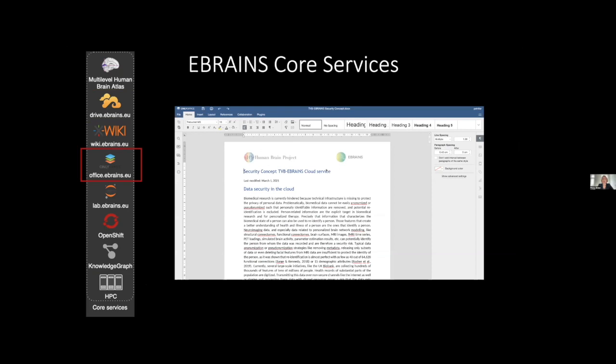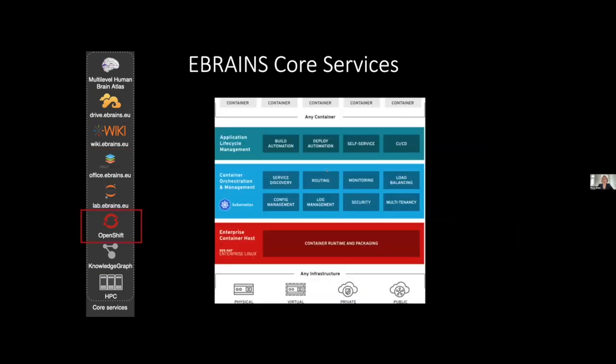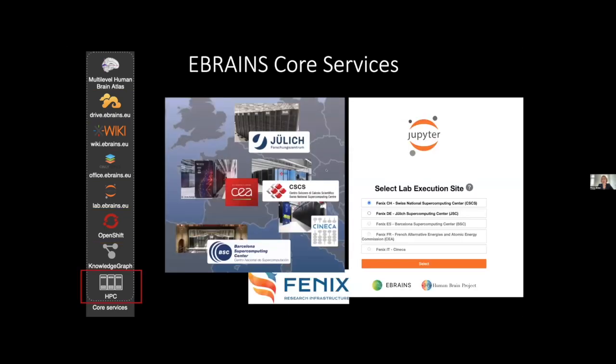Also, for convenience, within the collaboratory, you can use Office tools, for example, Word, to document your work. There's a cloud environment that we use for the collaboratory and for other services. And also importantly, there's a high-performance computing backend available that is supported by 5 supercomputing centers, the so-called PRACE consortium.